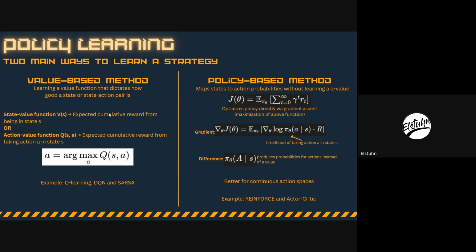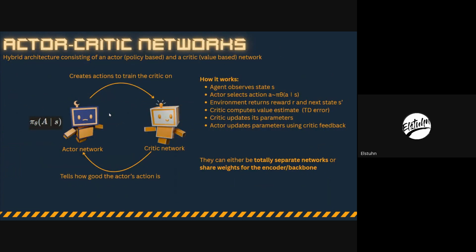And then yeah, it's better for continuous action spaces obviously, because with the value-based method, you're assigning a value to every state or to every action state pair. But let's say you have 8 million possible actions. How do you assign a value to every single action, especially when it goes up to infinite, right? So it's impossible. And that's why policy-based methods are better for continuous action spaces.